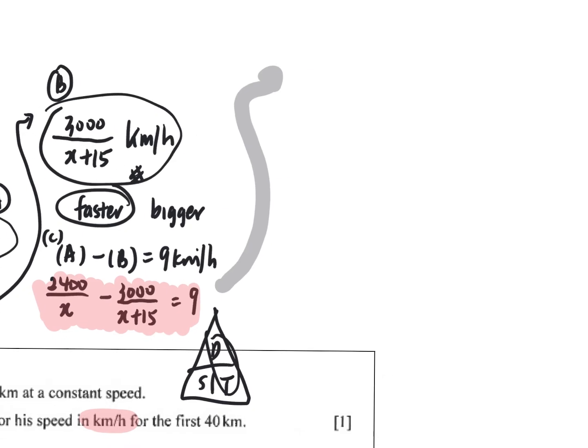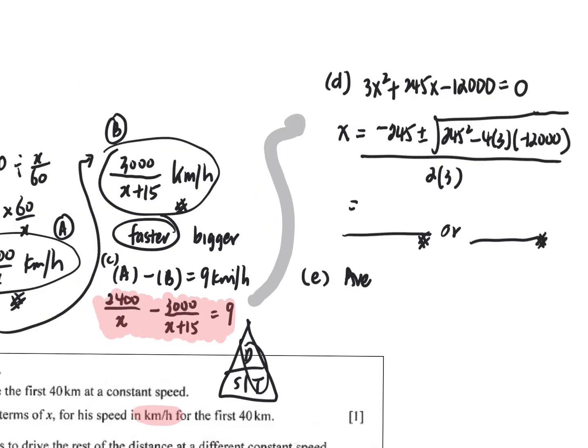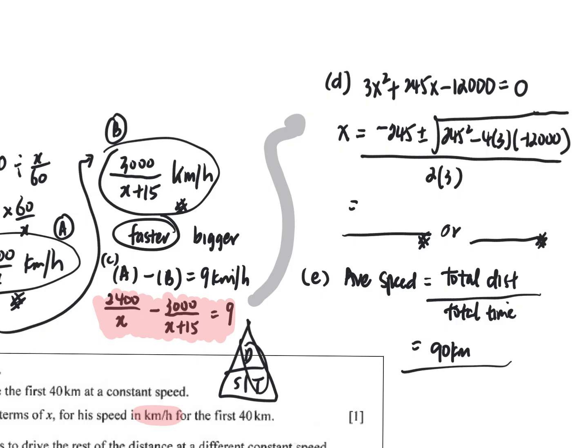Okay, and then please remember your formula. Okay, average speed is total distance divided by total time. So total distance, total time. Yours is 90 kilometers for the total distance. Total time is your X and then your X plus 15.